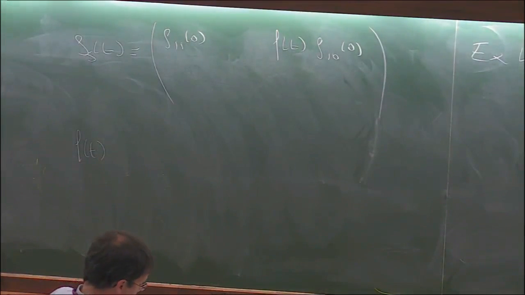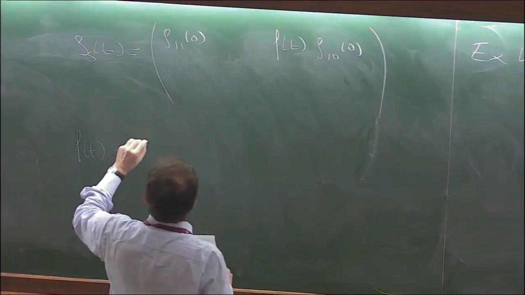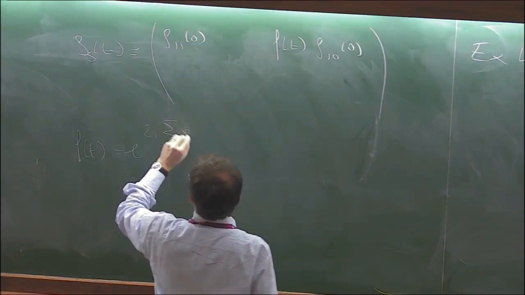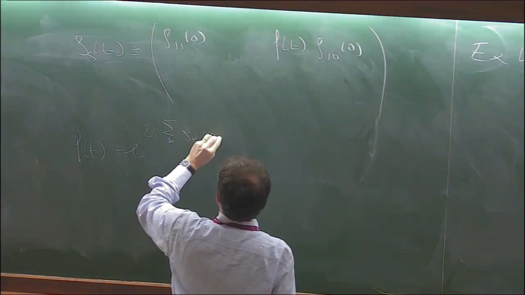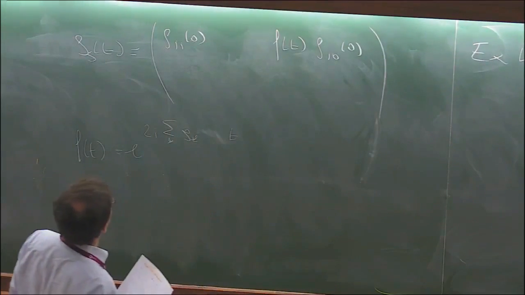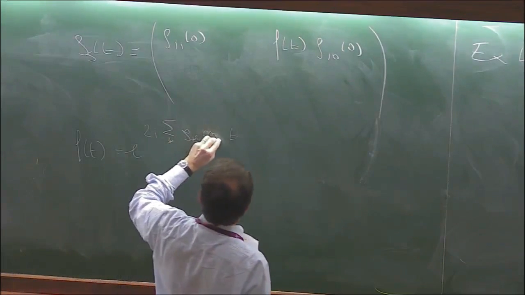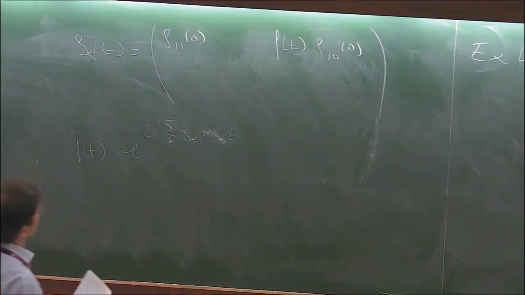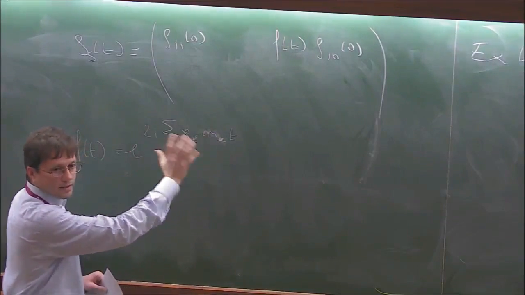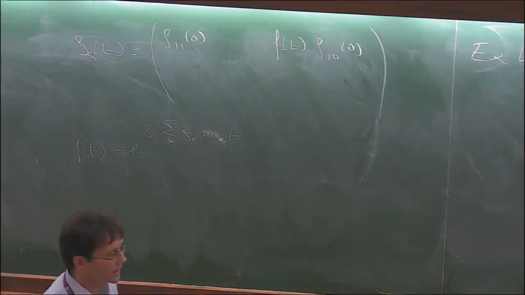So this f of t is e to the 2i times the sum over k of g_k m_k times t. Anyhow, the important point is that it is a phase determined from the coupling constants.